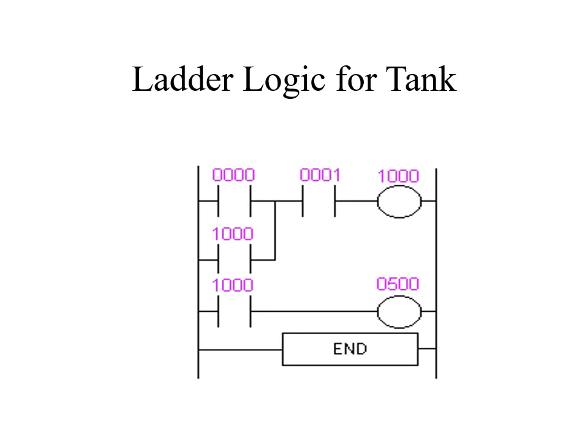So this is the ladder logic for the tank. Again, these numbers 00000 and 00001 are for identification of the switches or the inputs, and then we have the 100 for the coil, and then 0500 for our output, and then of course in the last rung we have END.